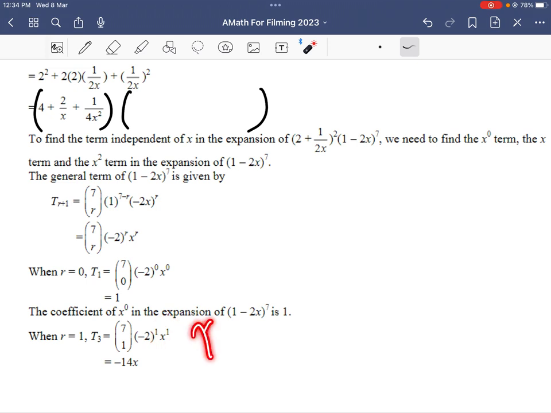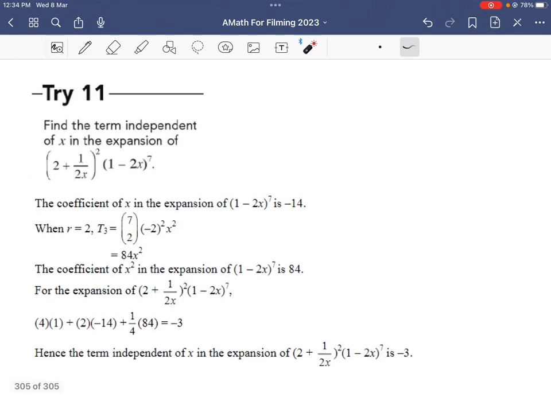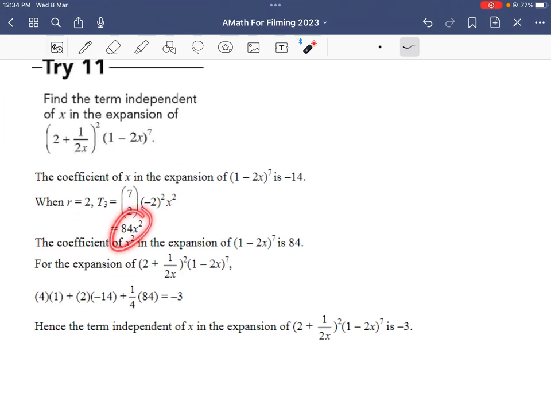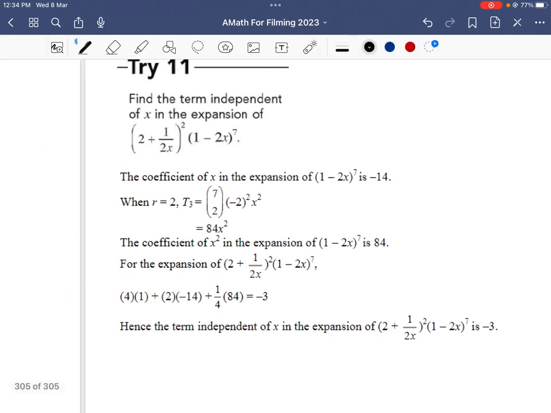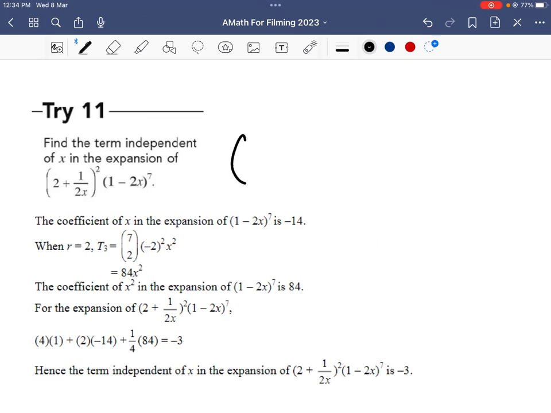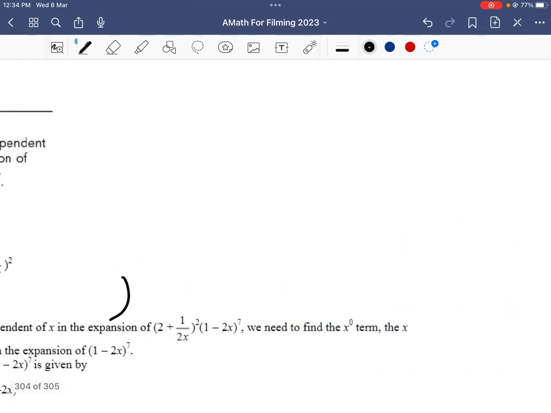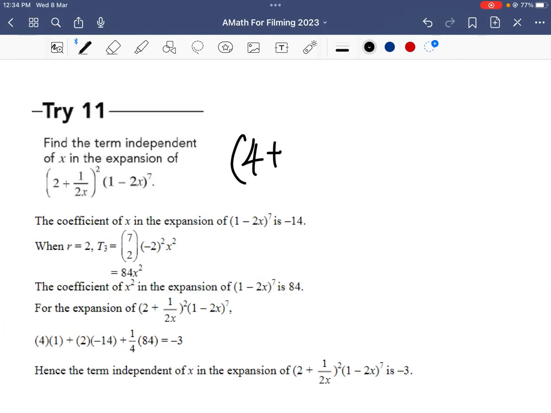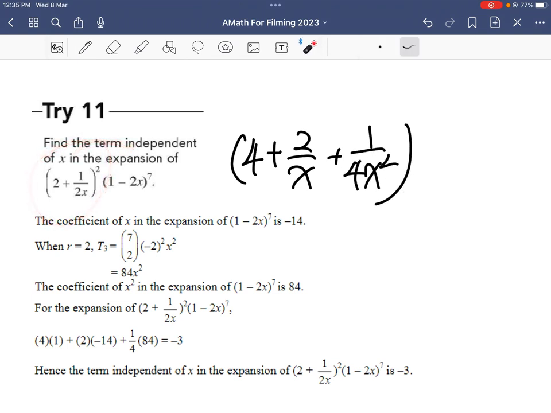Because you want the term in x to the power of 1, you get negative 14x. Then lastly, the term in x squared, you get 84x squared. So basically, we have found all the terms. So earlier we have found 4 plus 2 over x plus 1 over 4x squared. It is this term in itself.